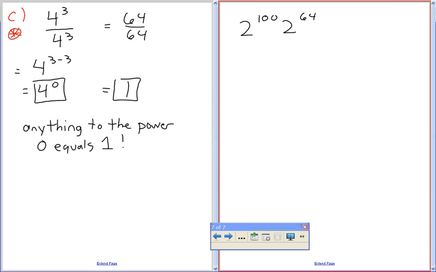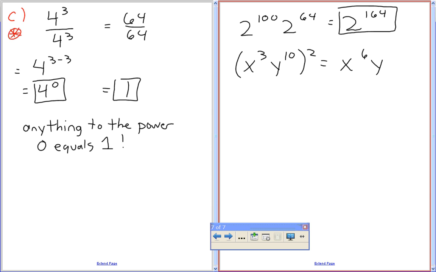When you're multiplying like this, it would just be 2 to the 64. And finally, the only other one we didn't actually go through is one like this. x cubed y to the 10th squared would be like x to the 6, y to the 20. I sort of hit every exponent rule there today.